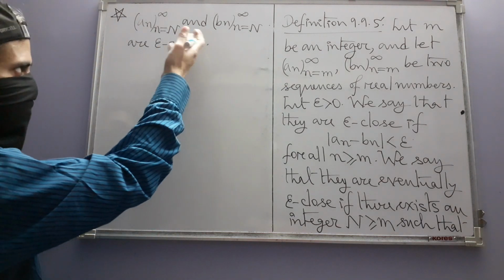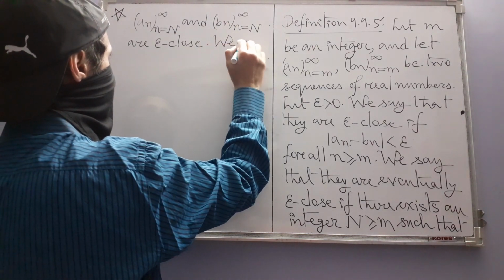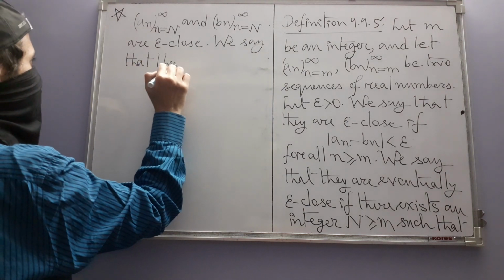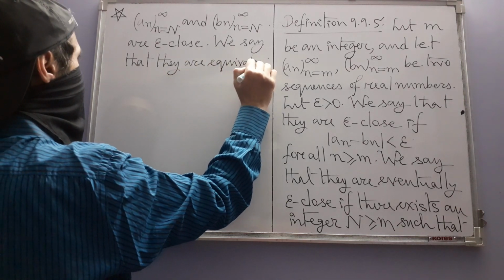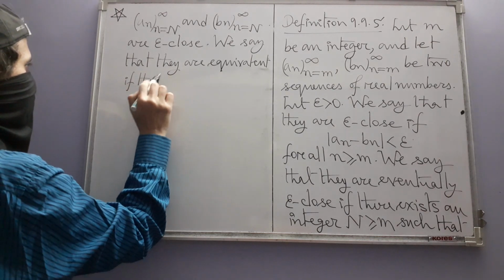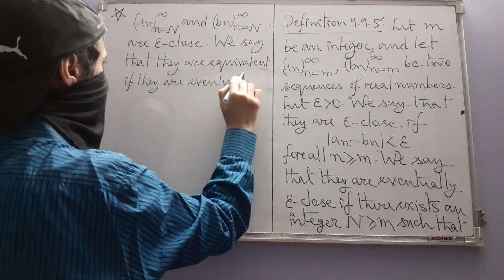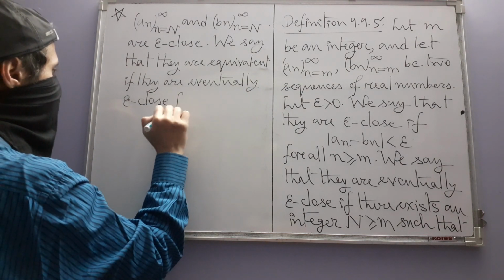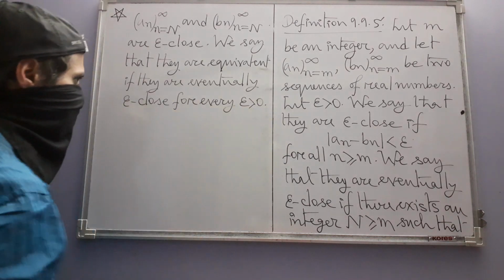And which of course means what I wrote there. And finally, we say that they are equivalent if they are eventually epsilon close for every epsilon greater than 0.